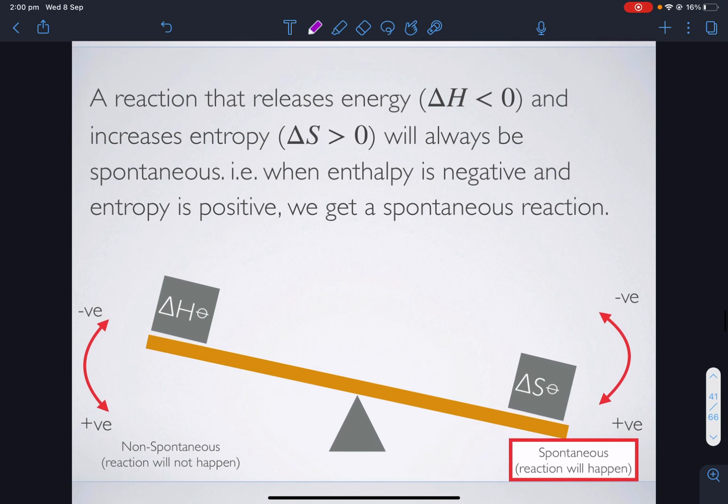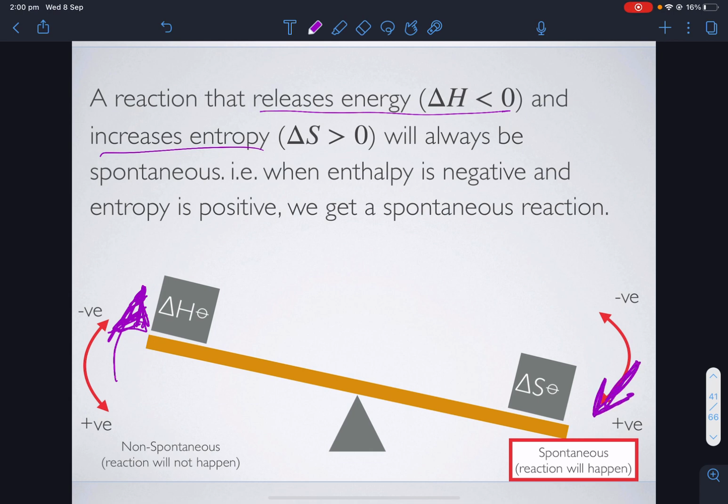this possibility. A reaction that releases energy, or is exothermic, or delta H is less than 0, is going to push up this side. And also, its increase in entropy is going to push this side down on my seesaw.